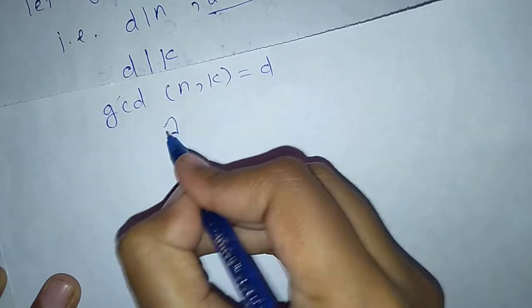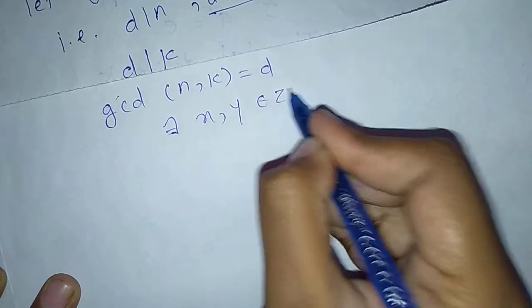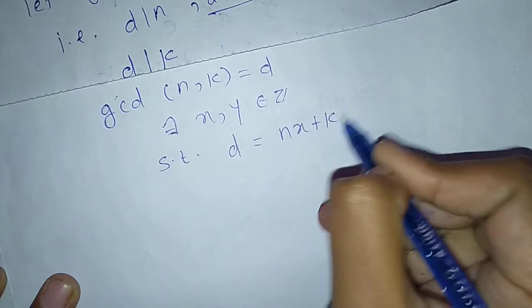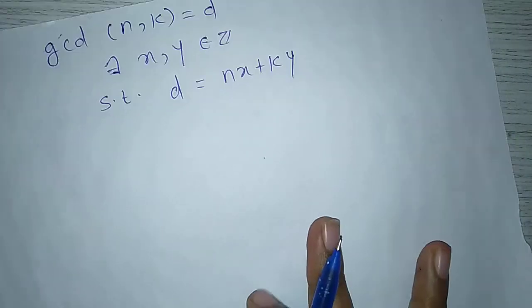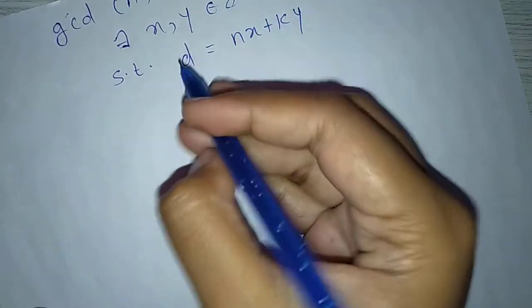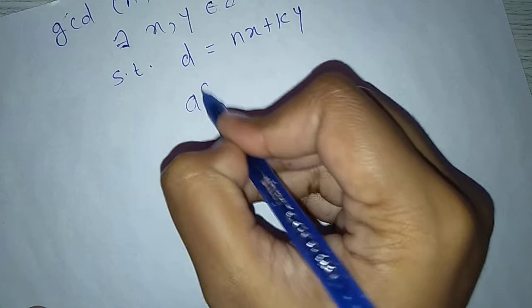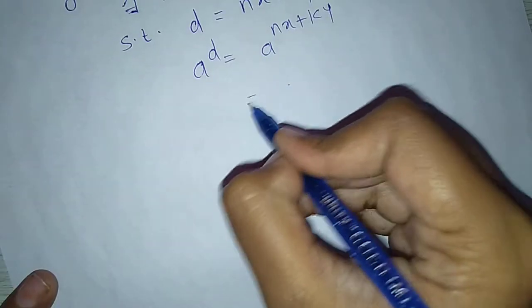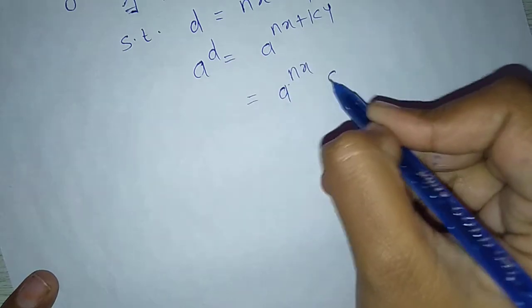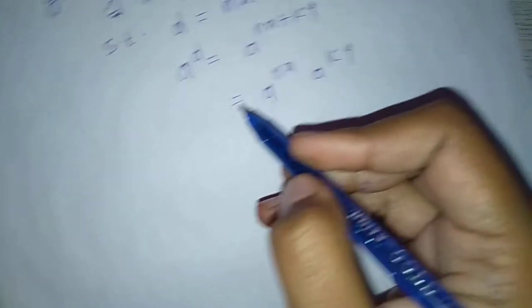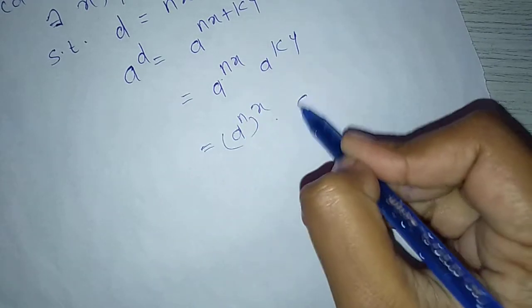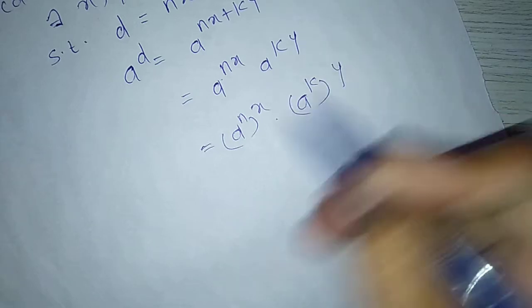By the definition of GCD, there exist x, y such that d equals nx plus ky. That means a raised to d equals a raised to nx plus ky, which is equal to a raised to nx into a raised to ky, which is equal to a raised to n, raised to x, into a raised to k, raised to y.